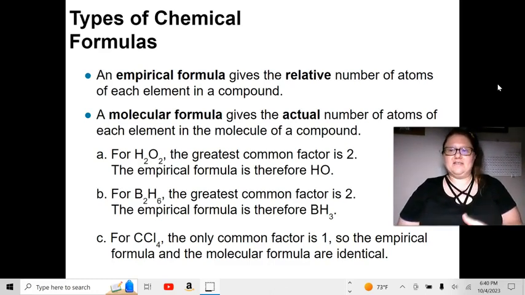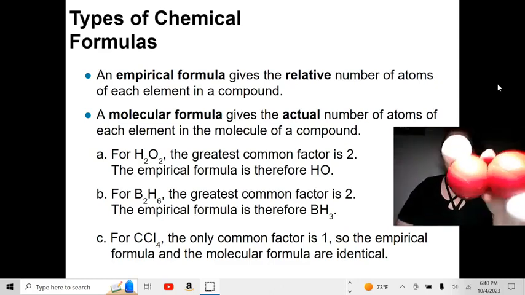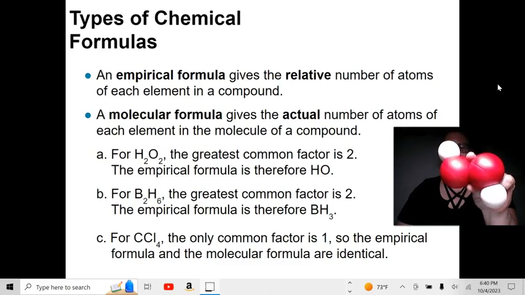So for A, that first example, H2O2, let's build it. Okay, so I have H2O2 right here. Still getting used to the camera. Right, there we go.